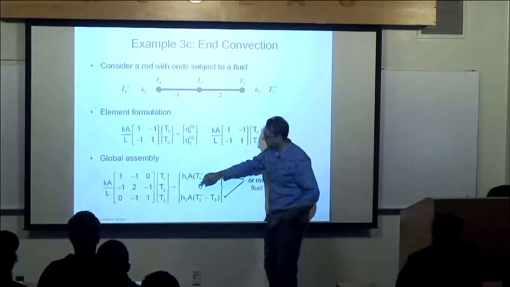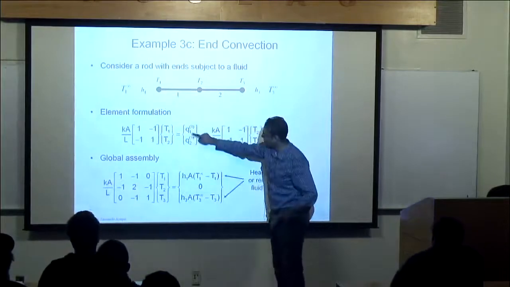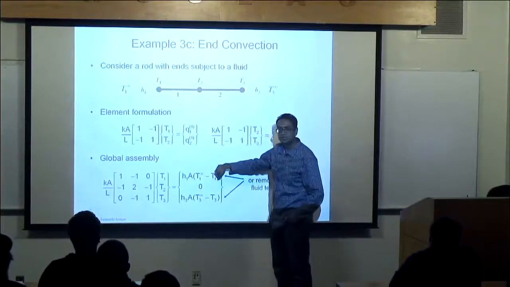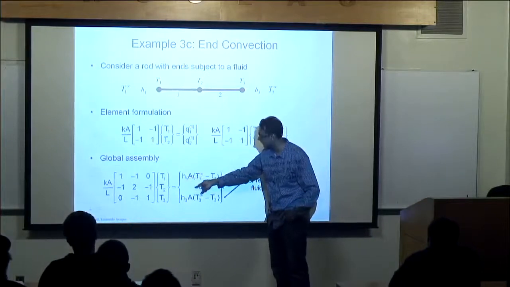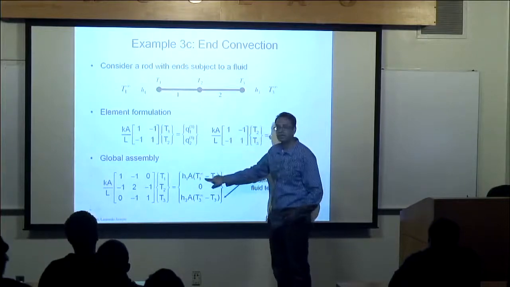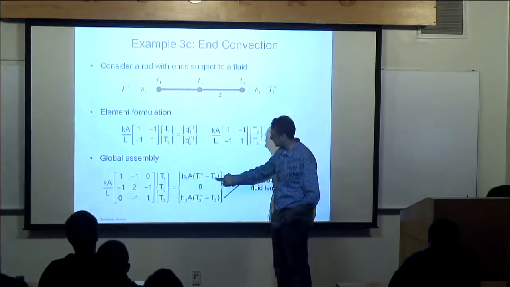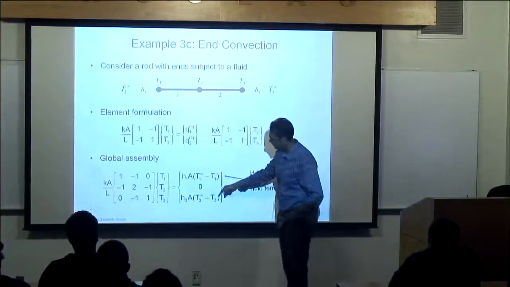The only difference at this node and this node, and that node, is that I actually have a Q. In this case, that Q is just the film coefficient, the fluid coefficient, times A, times the difference between the fluid temperature minus the temperature at that node. And for this third node, same process.